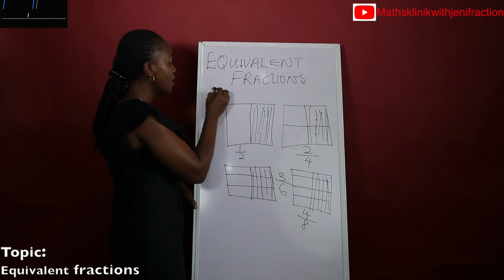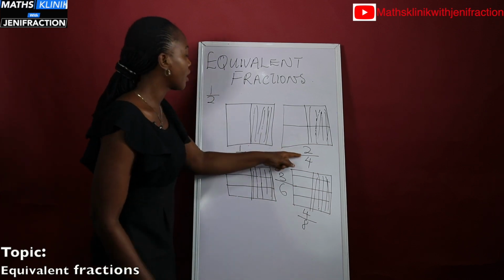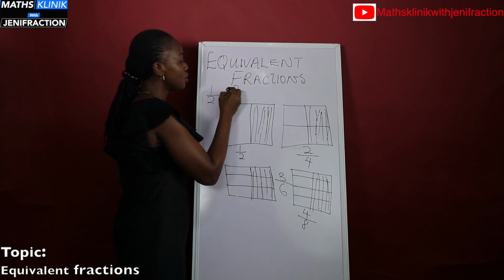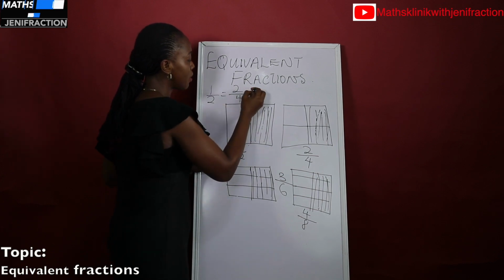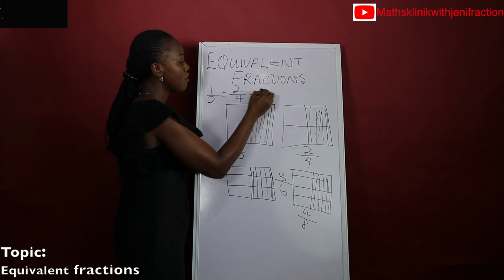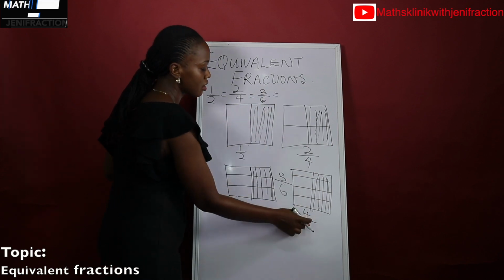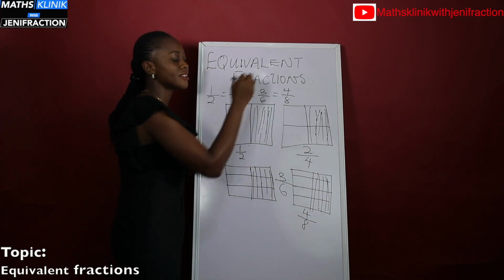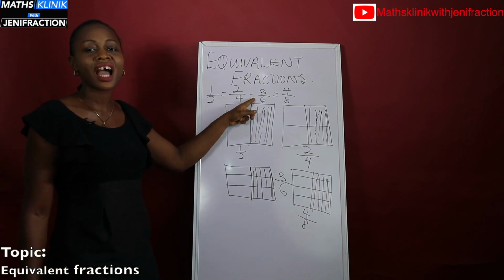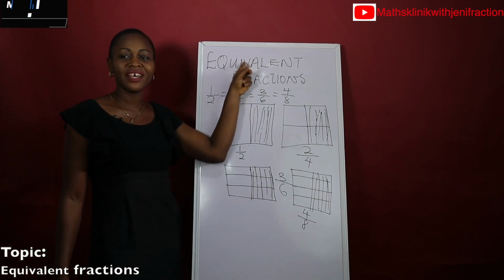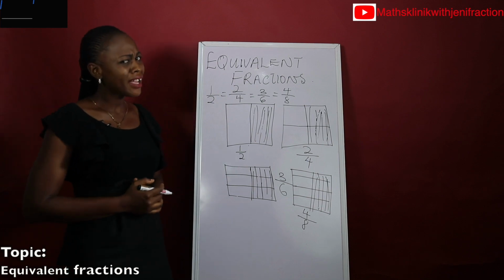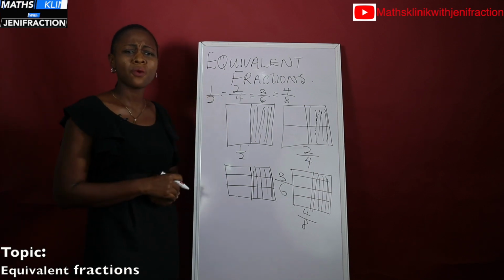Therefore, I'll say 1 over 2 equals 2 over 4 equals 3 over 6 equals 4 over 8. These fractions are called equivalent fractions. Why are they equivalent? Why are they equal?